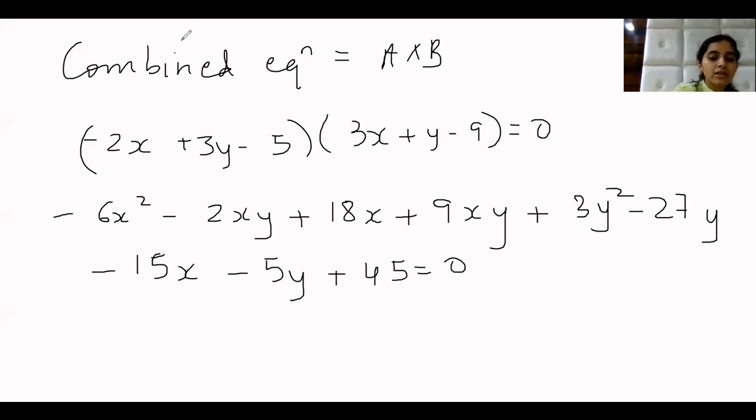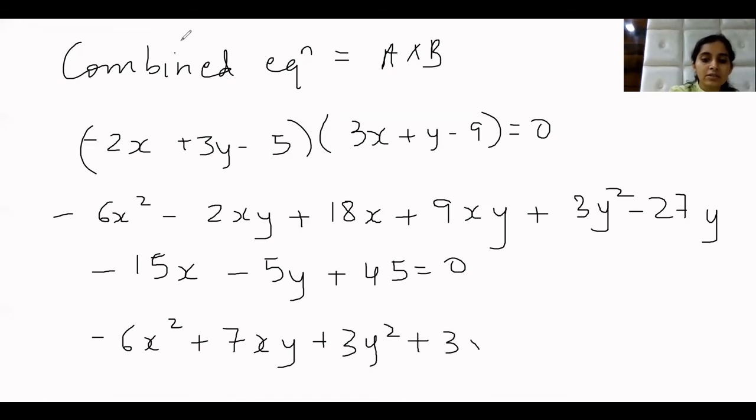Okay, so your final answer would be minus 6x square, minus 2xy plus 9xy is 7xy, plus 3y square, minus 15x plus 18x is plus 3x, minus 5y minus 27y is minus 32y, plus 45 equal to 0.